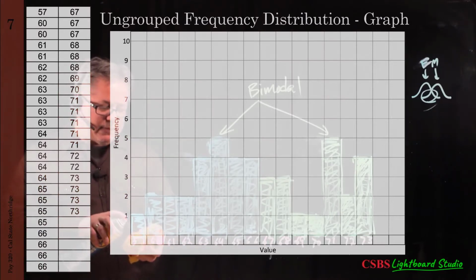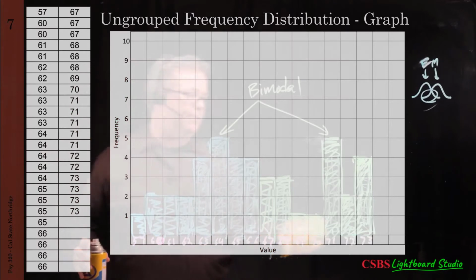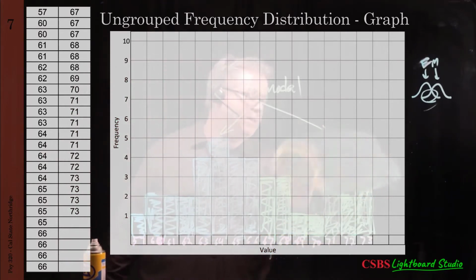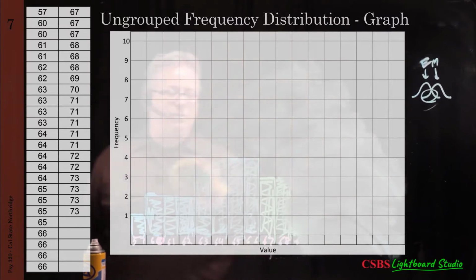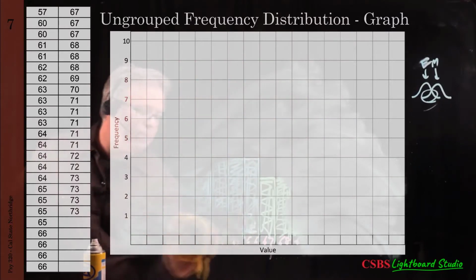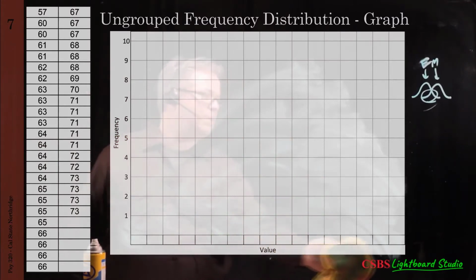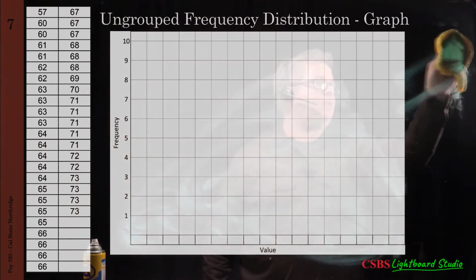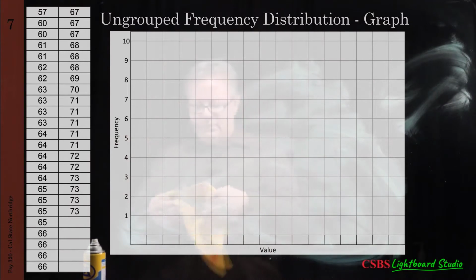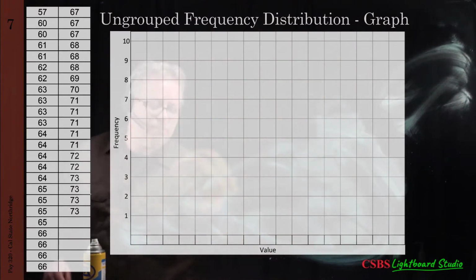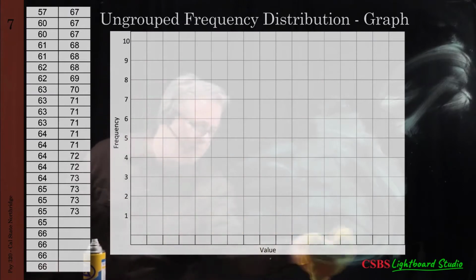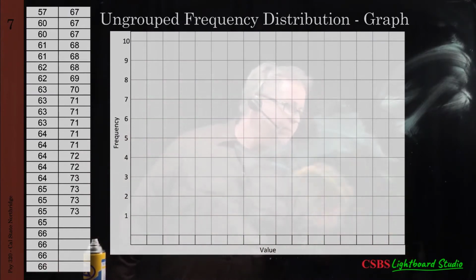Most graphs and graphic displays come down to this basic idea that the general population would rather see patterns like this than look at a bunch of numbers. I don't mean that in a derogatory or negative way. It's just that numbers sometimes are difficult to pick up on patterns. It's really difficult to pick up on things when they're just laid out as numbers. But if we put them into a graph like this, you start to see patterns.